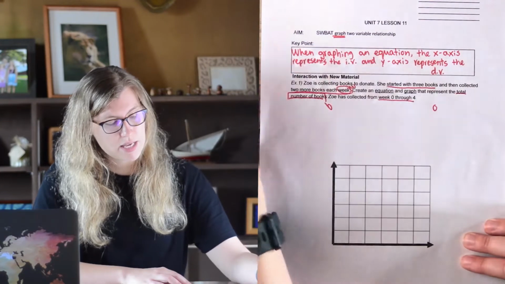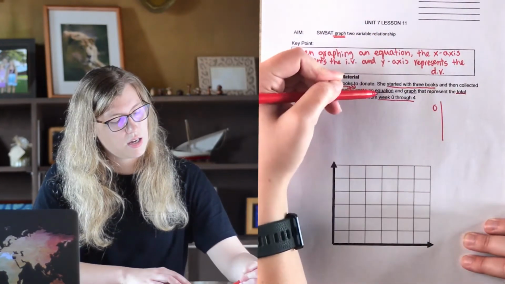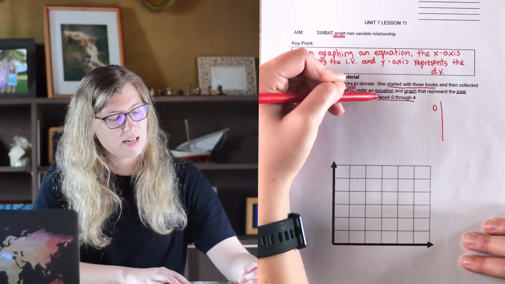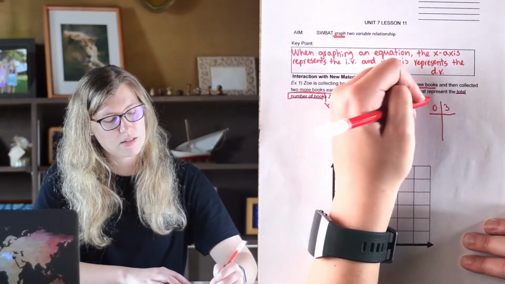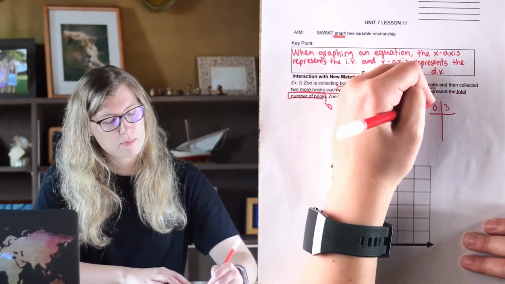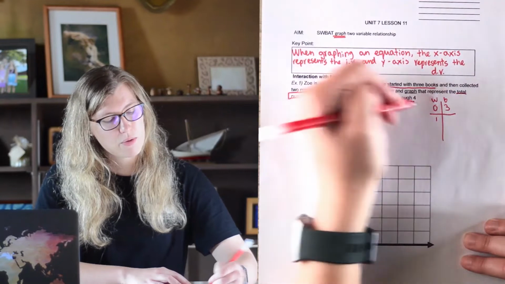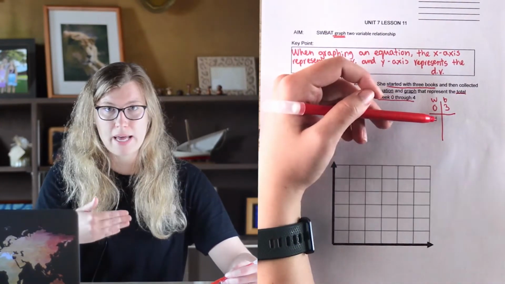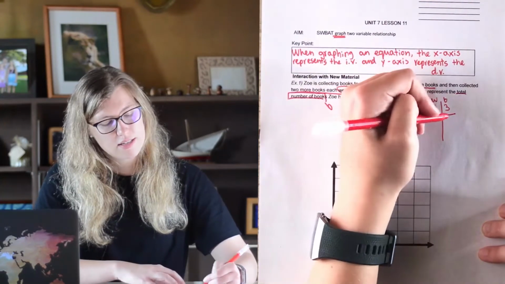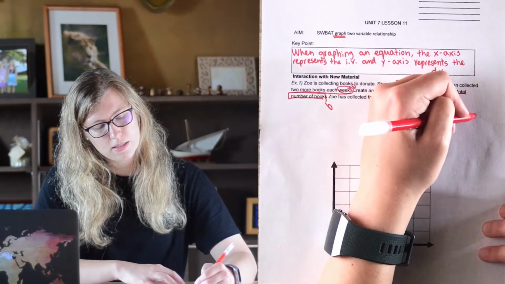So let's see. After 0 weeks, how many books would she have? Well, she started with 3, so even after a week passes, she'll still have 3 books. So this was my weeks, this was my books. After 1 week, how many books would she have? Well, she started with 3, 1 week has passed, so she added on 2 more. So now she has 5. I did 3 plus 2.